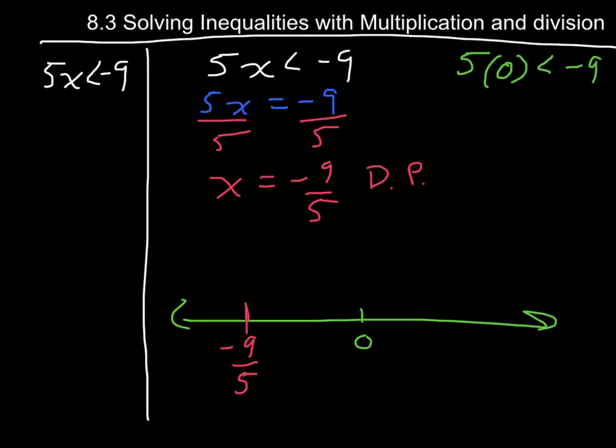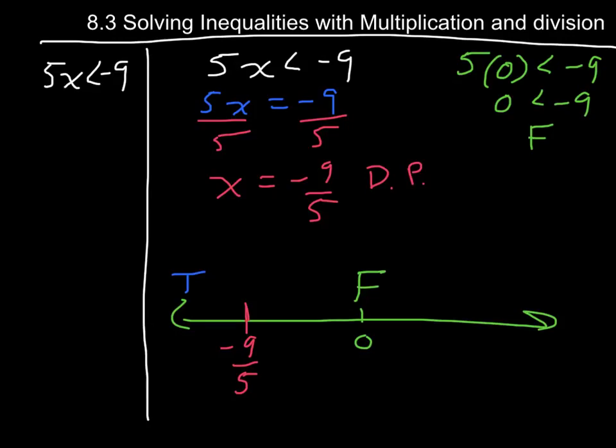Okay, so 5 times 0 is 0, and that symbol, -9, so that says 0 is less than -9, and that is false. Since that is false, that means this entire side is false. All these numbers over here are false. So that means that this side over here must be true. One side is false, one side is true.